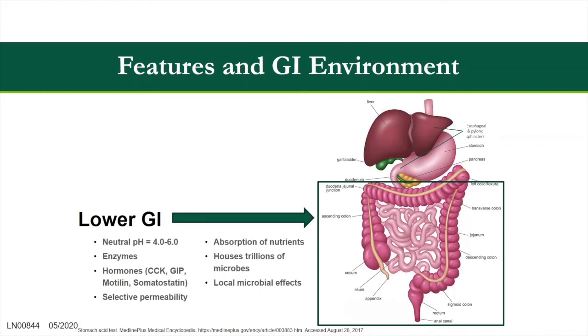The hormones are involved in this location as well. Now you have the selective permeability where we're uptaking nutrients and making sure we keep other things out. So these nutrients are selectively absorbed. But this region also is where you start to see the housing of trillions and trillions of microbes. So there are microbes throughout the GI, but they really change drastically based on location.